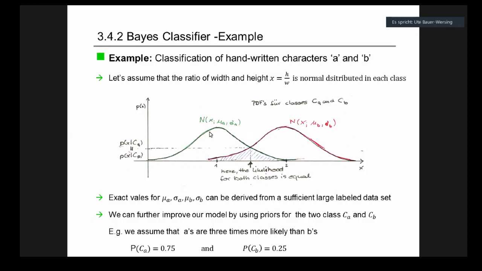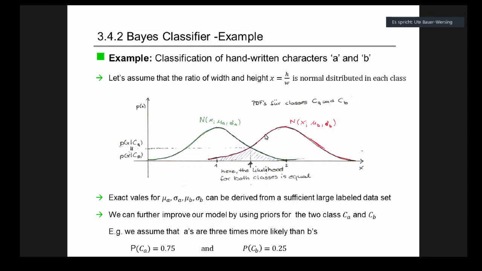So if we draw this, we already estimated that we will have a mean value of 1 for the A's, and there is a scattering around this mean value for sure, because we have different styles of handwriting.